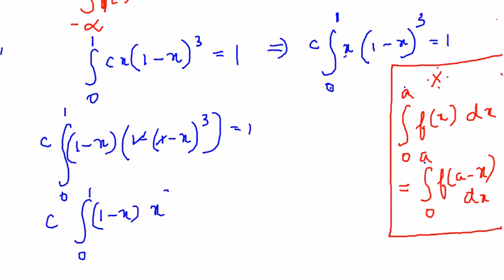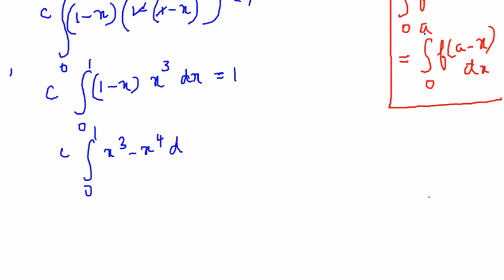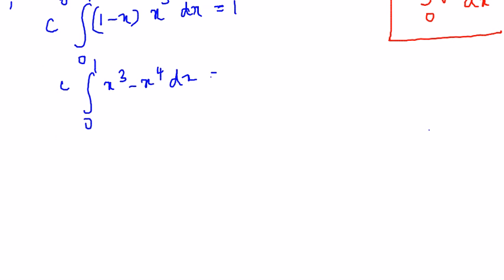It will just be x cube. 1 minus x into x cube is equal to 1. Now this I can write it as 0 to 1, I am multiplying x cube minus x power 4 dx equal to 1. Now this is now easy to integrate, right?